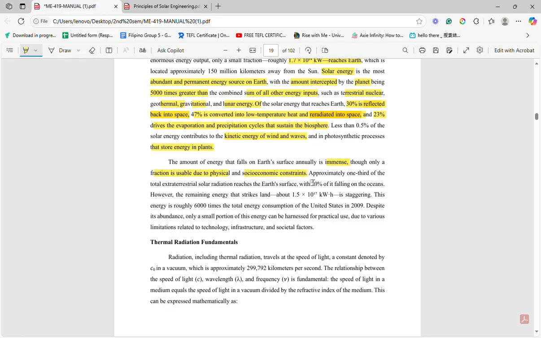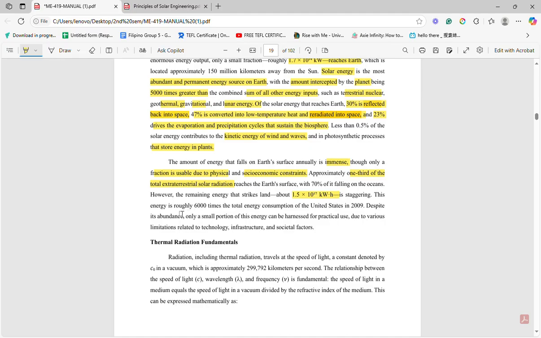Yeah, that is right. Approximately one third of the total extraterrestrial solar radiation reaches the Earth's surface, with 70% of it falling on the oceans. However, the remaining energy that strikes land, about 1.5 times 10 to the 17 kilowatt hours, is staggering.